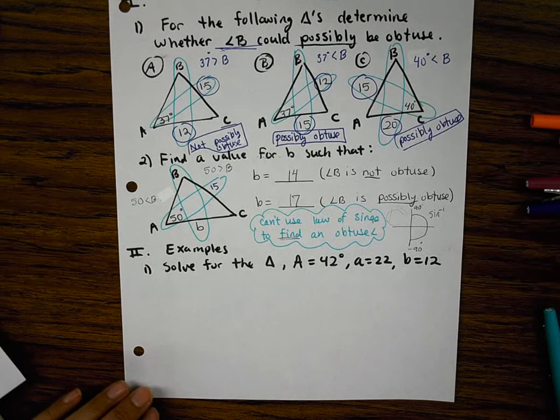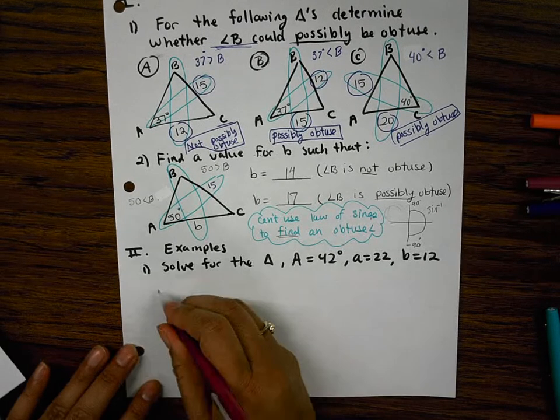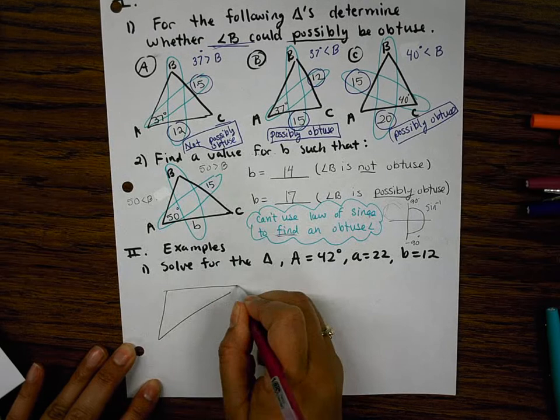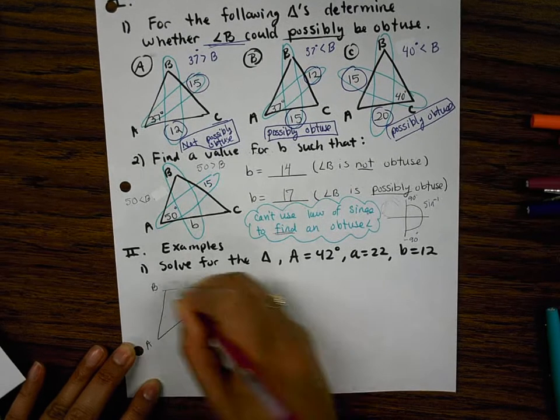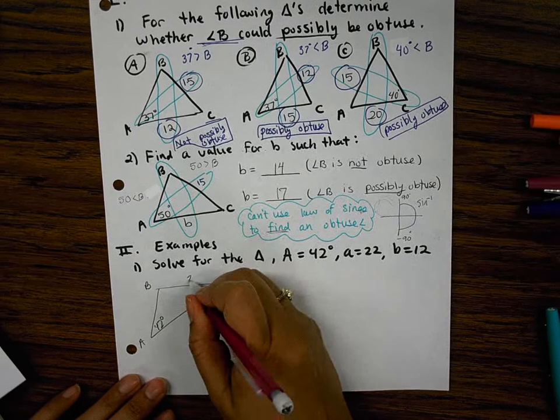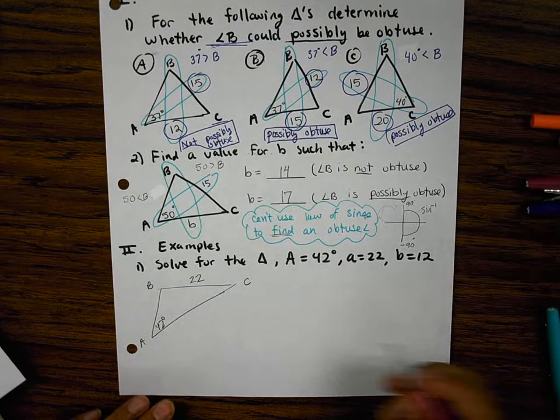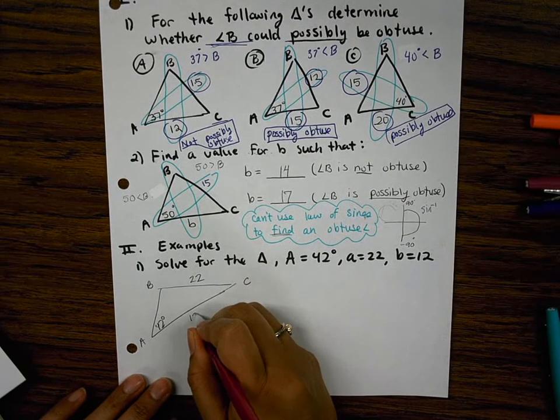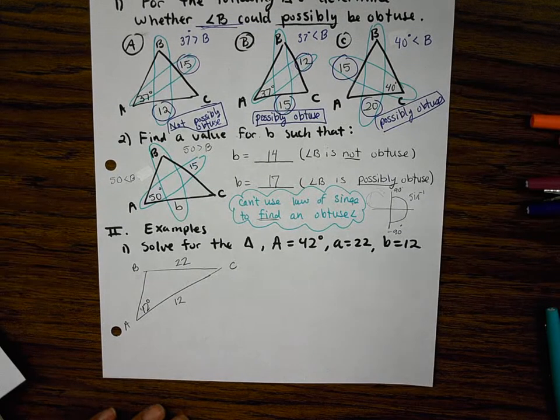show you now. Okay, number 1, solve the triangle. A equals 42, a is 22 and b is 12. All right, let's draw our picture. A, B, C. A is 42 degrees, side A is 22, and side B is 12.